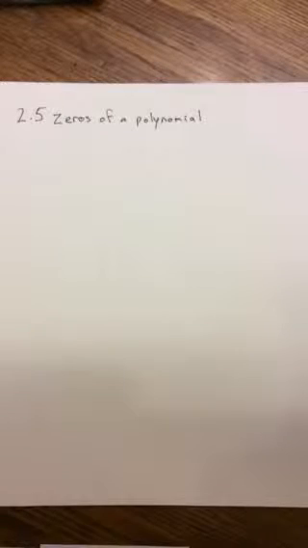You also have the linear factorization theorem that talks about a function that's a polynomial with a degree of 1 or greater. That means there are going to be exactly n linear factors. So if it's first degree, there's 1 linear factor. If it's second degree, there's 2 linear factors.